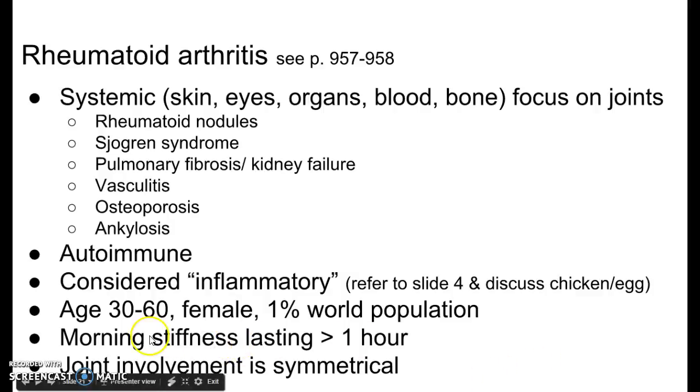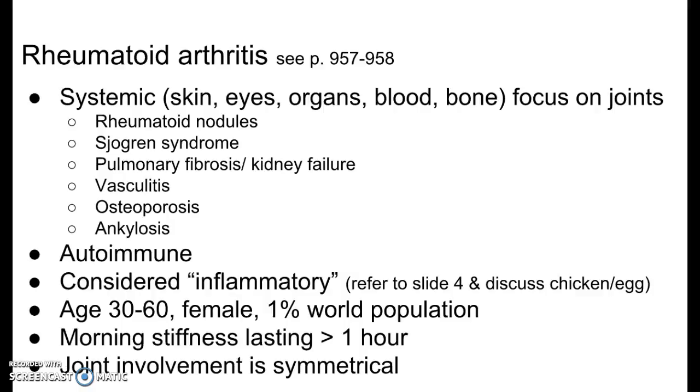Let me check on that. These next two bullet points are pretty important for distinguishing rheumatoid arthritis from osteoarthritis. This morning stiffness lasting more than an hour. That's pretty specific to rheumatoid arthritis. In osteoarthritis, stiffness might be a major problem, but the stiffness is going to follow activity.